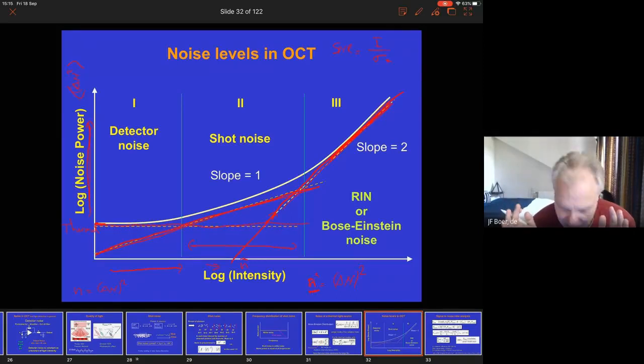And I need this graph that I show you right now. The way we define signal is that the signal is equal to the intensity squared. So if I double my reference arm power, my signal doubles. But it also shows that in this regime, increasing your reference arm power also increases your noise in the same manner, and there's no gain anymore.